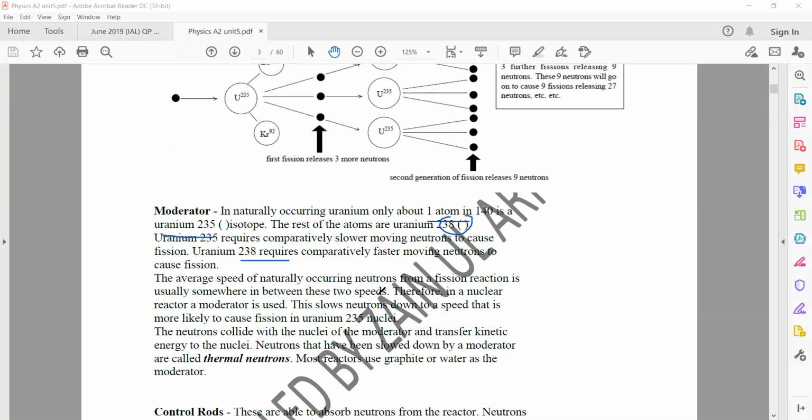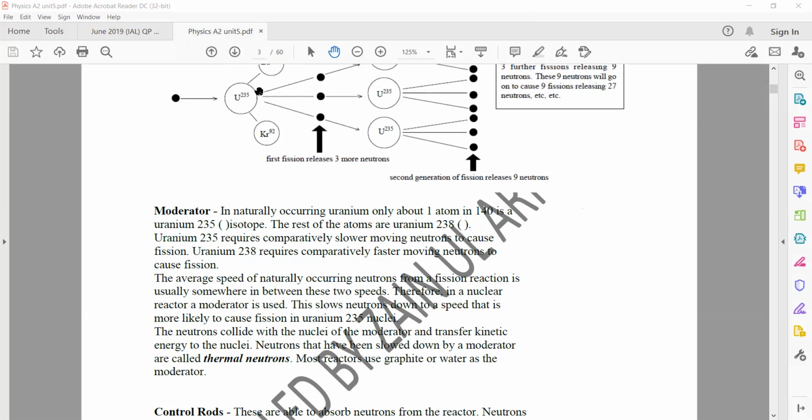So the neutrons from a fission reaction usually have energy between the two. Therefore in a nuclear reactor a moderator is used to slow them down. As a moderator we can use graphite or heavy water. What is the meaning of heavy water? Heavy water contains an isotope of hydrogen, hydrogen-2, or deuterium.